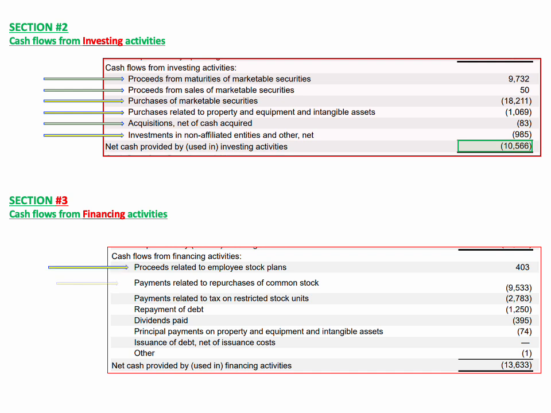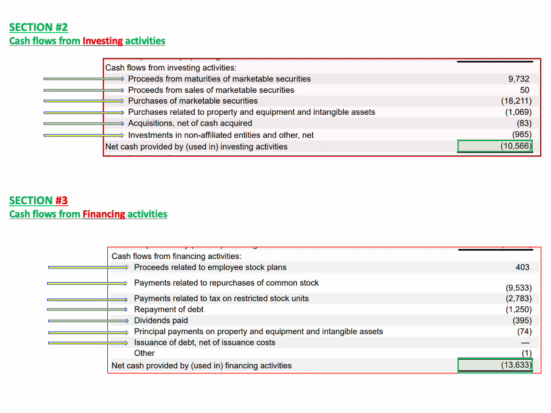cash flow from financing activities. Like the previous section, financing has a section on its own, and the different line items are displayed here. I'll just go through some examples. In this case, the majority of them are expenses except for the first line item. So proceeds related to employee stock plans is $403 million.